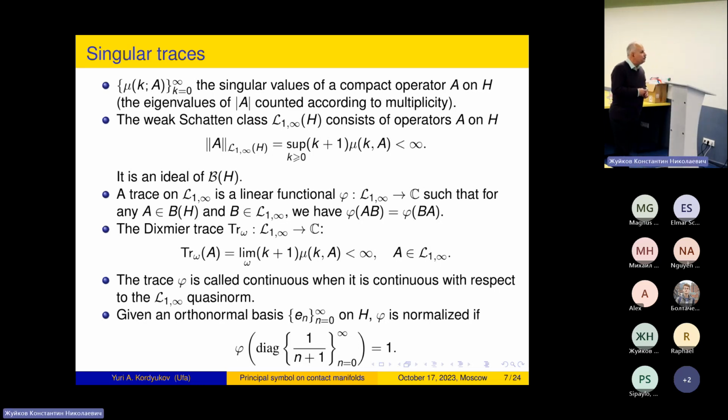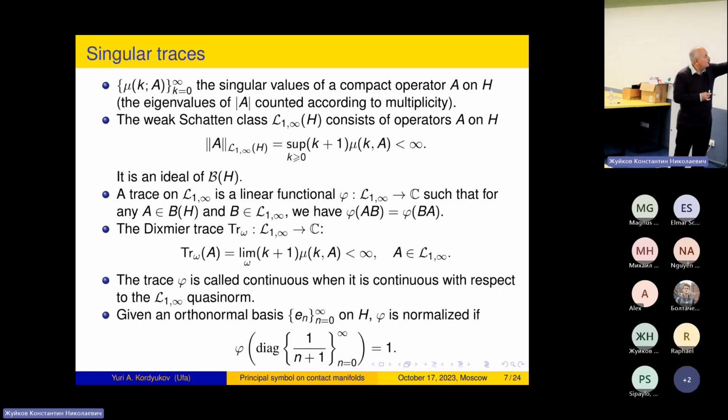In the general definition, a trace on this space is given by the property phi of AB equals phi of BA. One of the examples of such a trace is the Dixmier trace, which was suggested by Jacques Dixmier in 1966, and which is given by this formula.